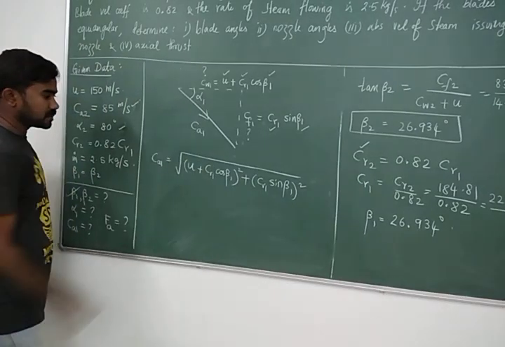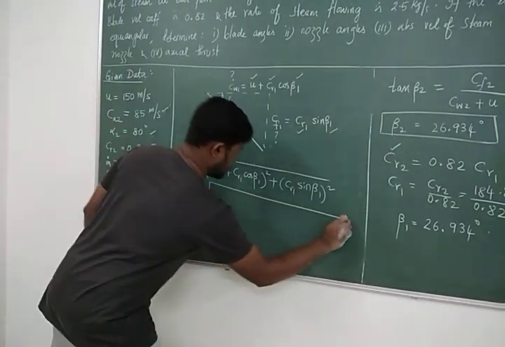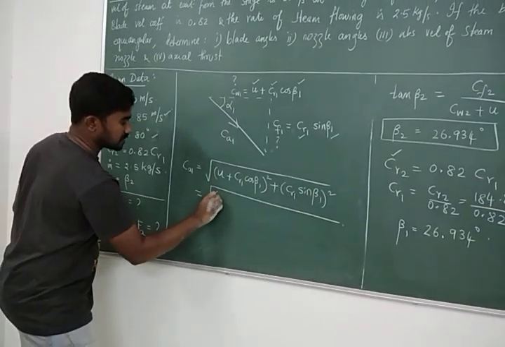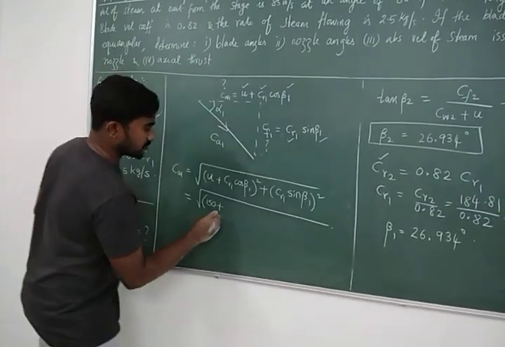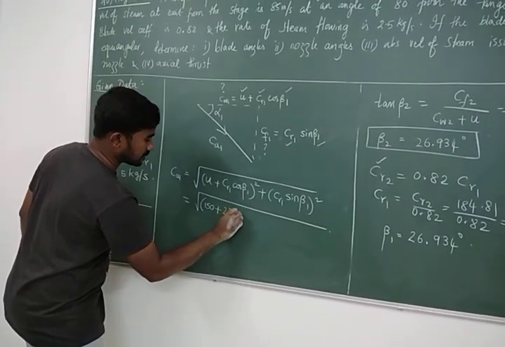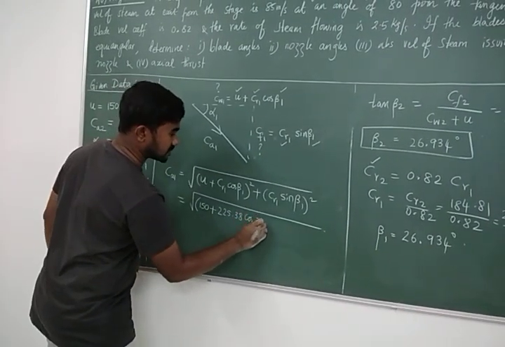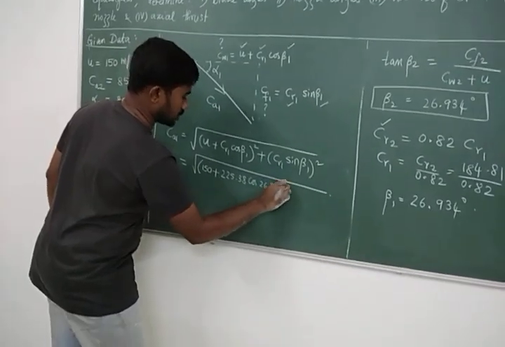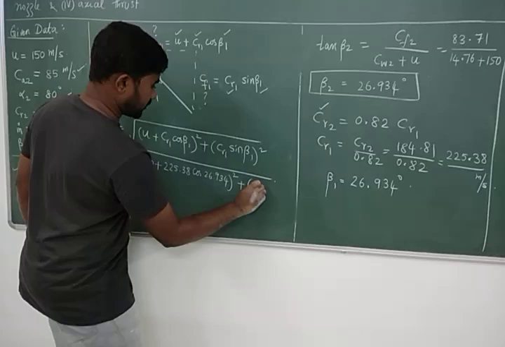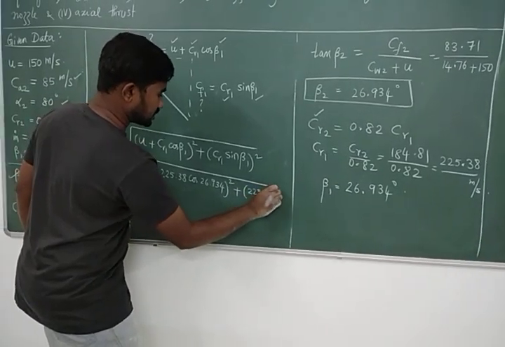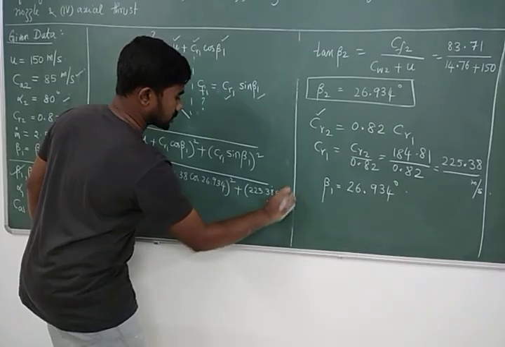squared. And if you substitute and simplify, this is U, which is 150, plus CR1, which is 225.38, cos beta 1, 26.934, whole square plus 225.38 sin 26.934, the whole square.